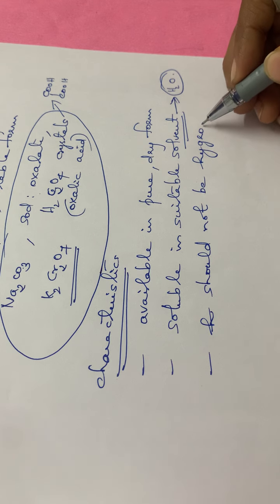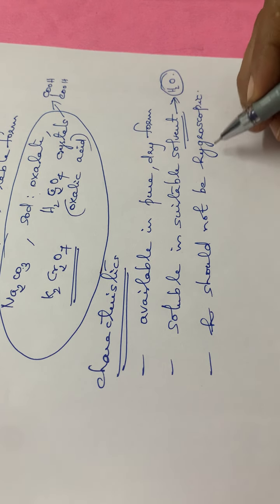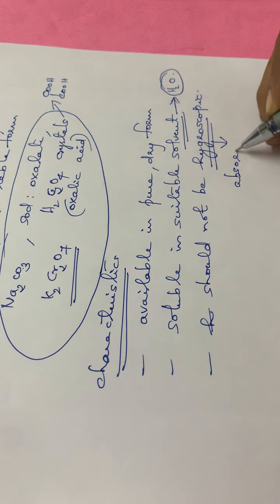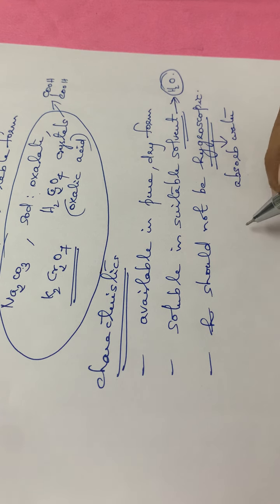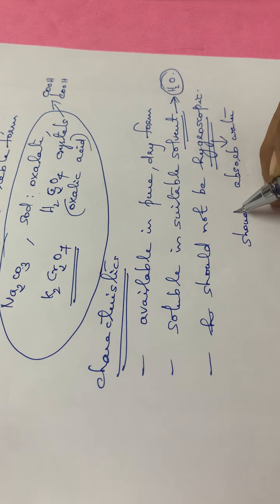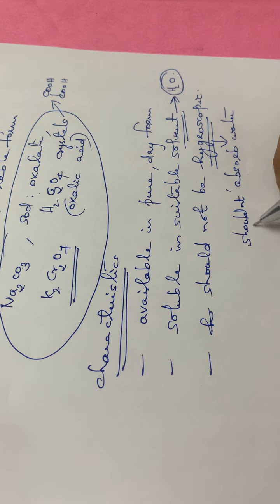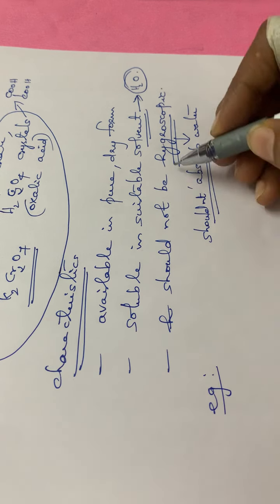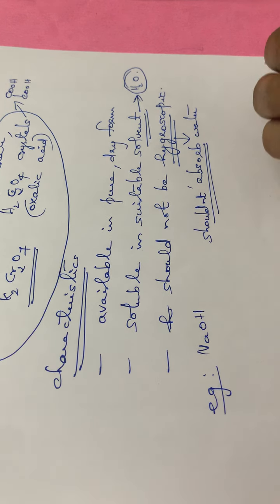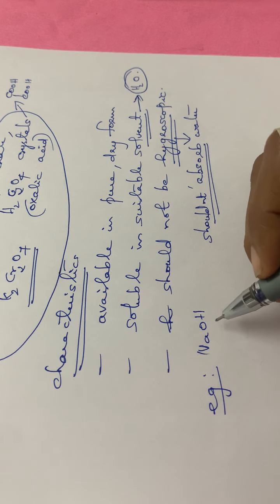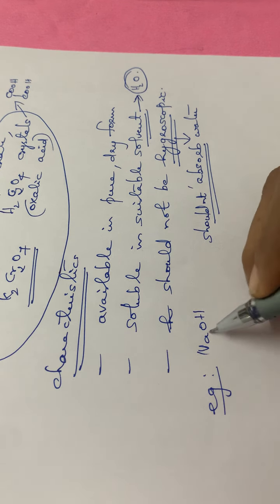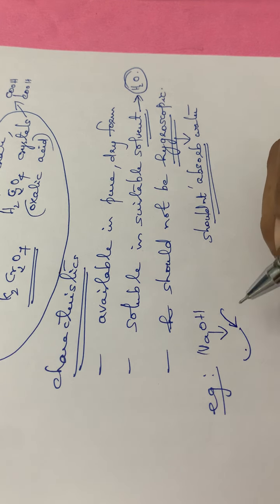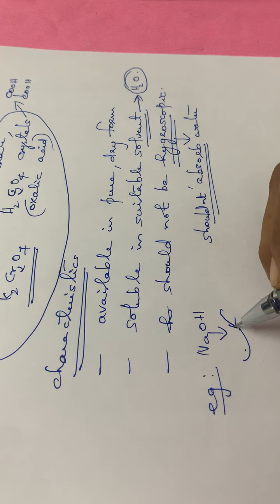Hygroscopic means it should not absorb water from the atmosphere. For example, sodium hydroxide is a hygroscopic substance. Sometimes you might have seen that if we take one or two pellets of sodium hydroxide on a watch glass, after 2-3 minutes it absorbs moisture from the atmosphere.